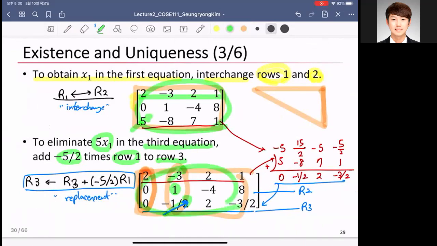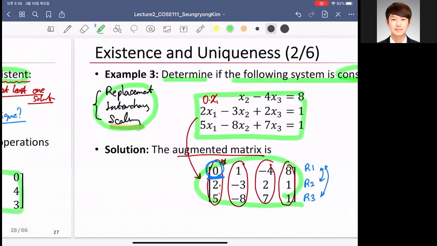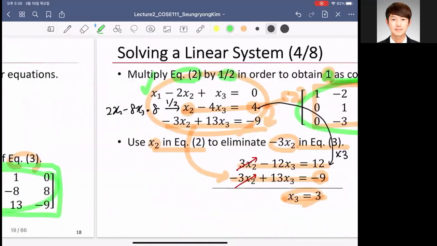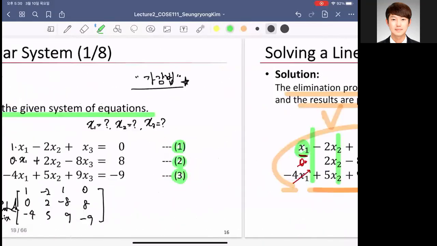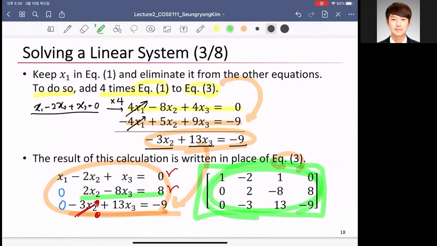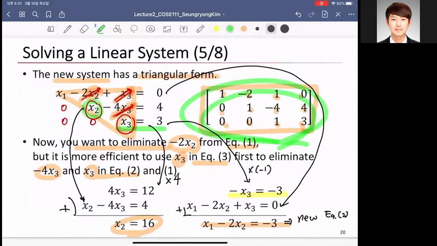Looks like this and looks like this. Finally here, right? So, in other words, if we go back to example 1, rather than working on the equation form, now we can work on an augmented matrix form here, here, here, here, by using the row operation.